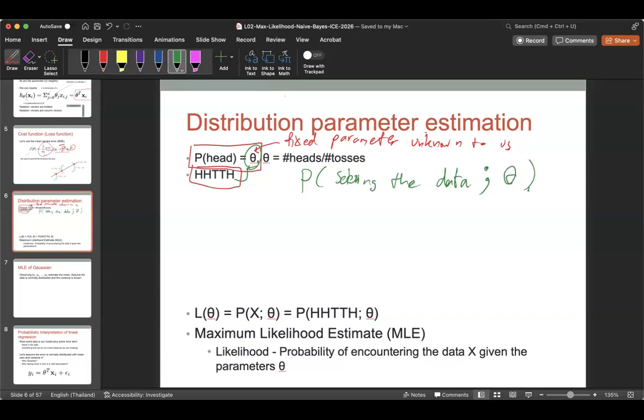So the probability of seeing head, head, tail, tail, head, in this setting of assuming the probability of head is theta, is theta, theta, 1 minus theta, 1 minus theta, and theta. This is the probability of seeing head, head, tail, tail, head.